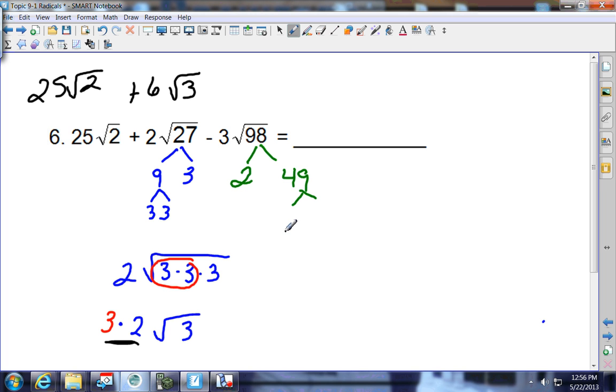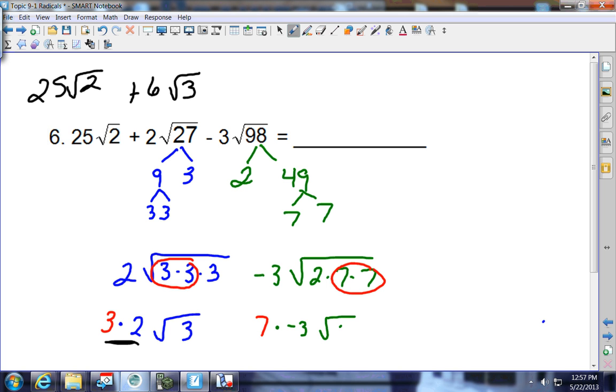Okay, it's 49. 7 and 7. So now I get, remember there's a minus 3 out front, and I have 2 times 7 times 7. I got a pair. So the 7's come out, times negative 3, square root of 2. 7 times negative 3, negative 21, square root of 2.